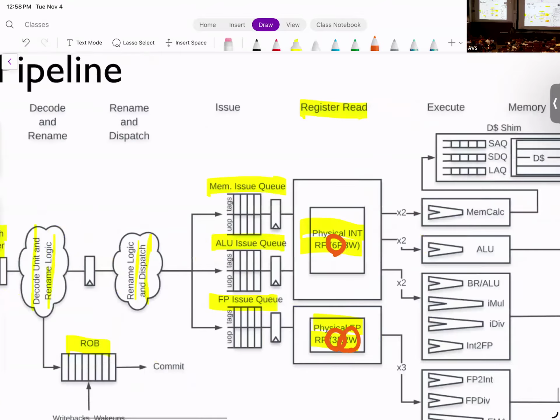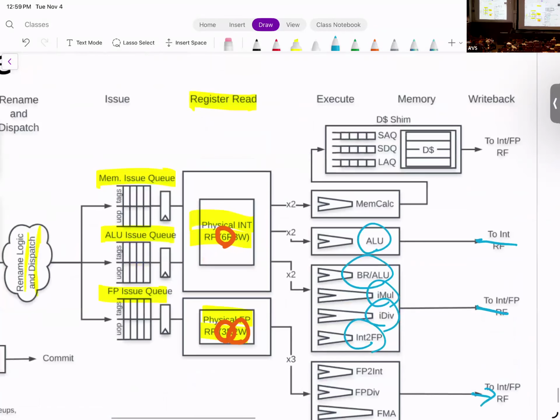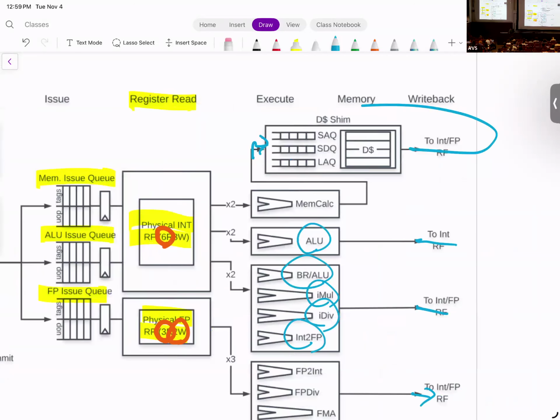And then this is fed into their execution units. As you can see, execution units are different things. One is ALU, one is ALU and multiplier and divider and floating point and so on and so forth. And these go back into the register files. They also have one specifically for the memory units, so they have the load store queues and caches and all that. And the write back stage is basically writing things back into the register.